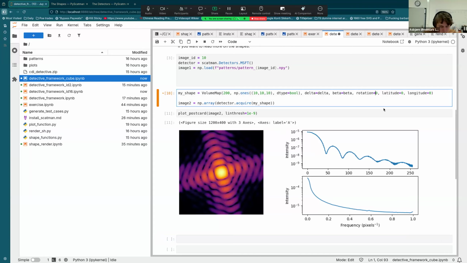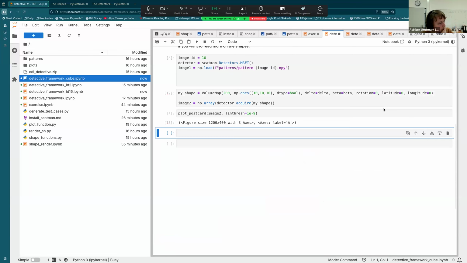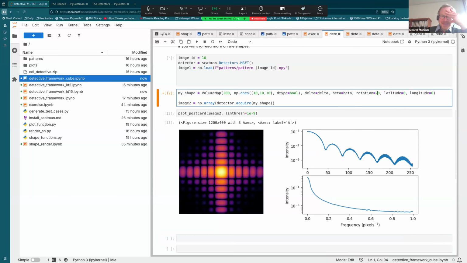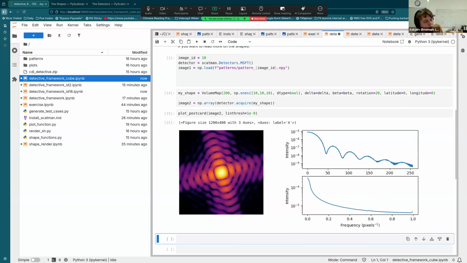Which it does, but it also. This is more clearly defined than the rotated one. This is possibly because when we rotate it, some of the edges might end up outside of the volume, because this is just completely filled.